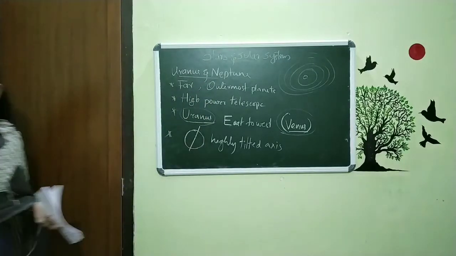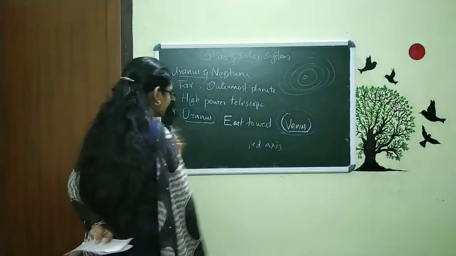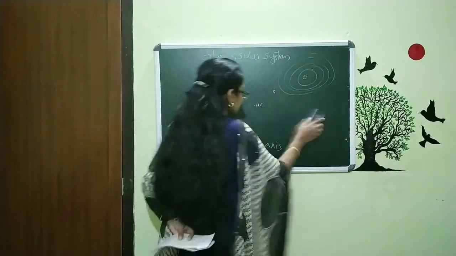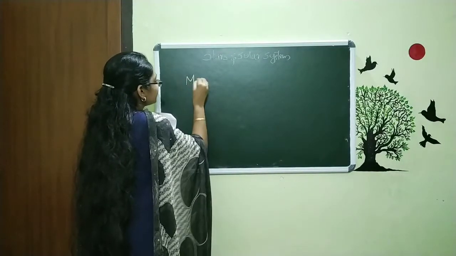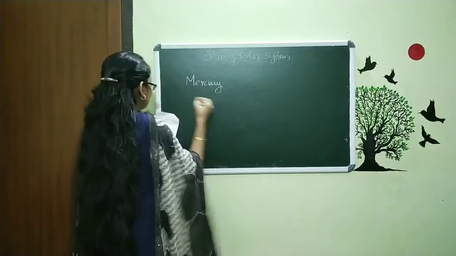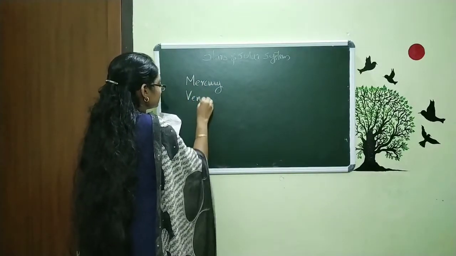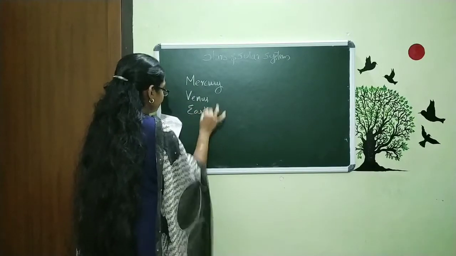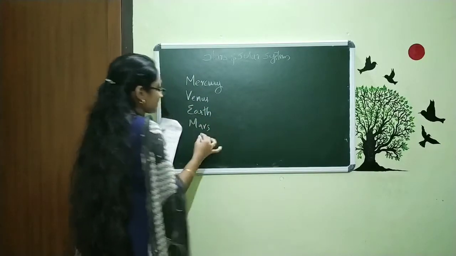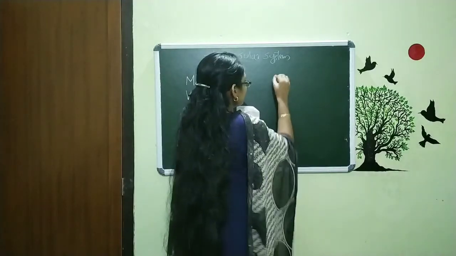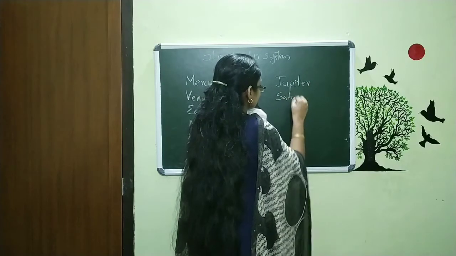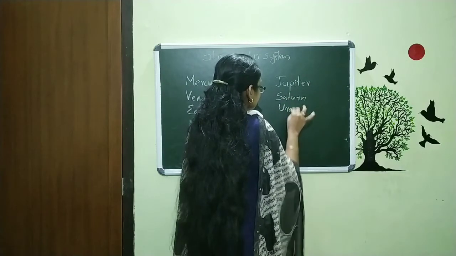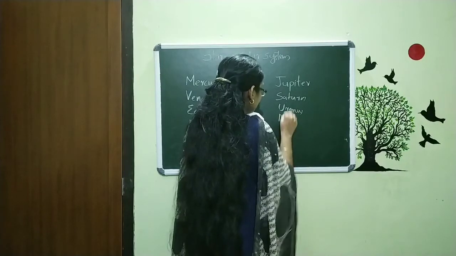Now, I am going to classify this in a very simple way. We studied about different planets: Mercury, Venus, Earth, Mars, and then the next is Jupiter, Saturn, Uranus, Neptune.